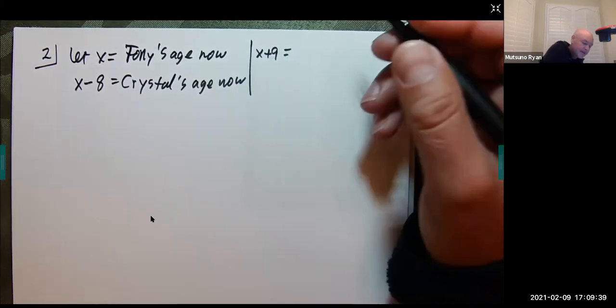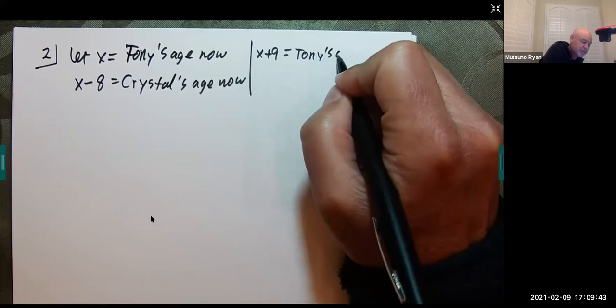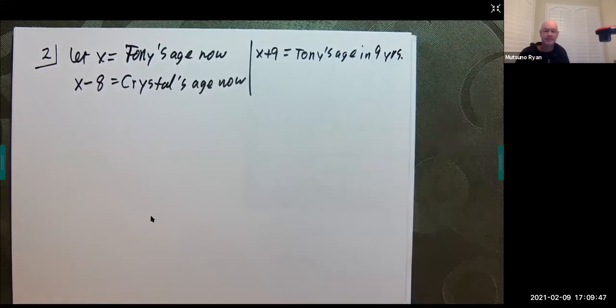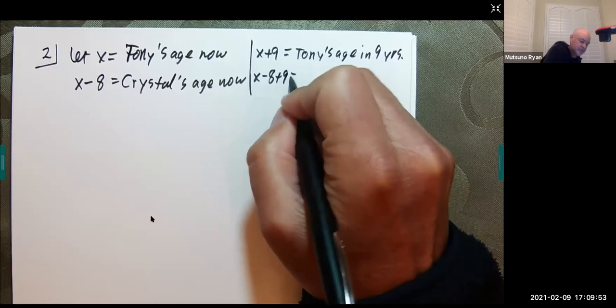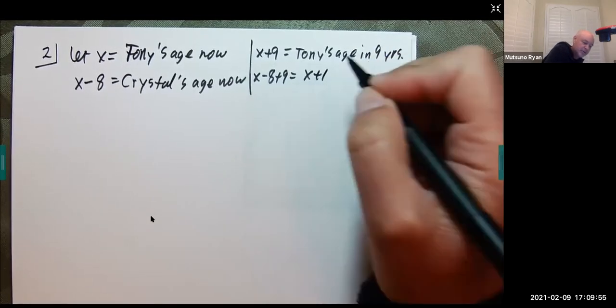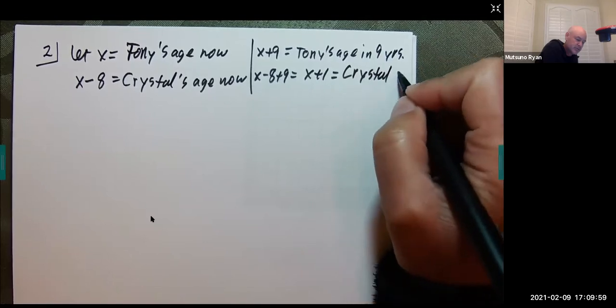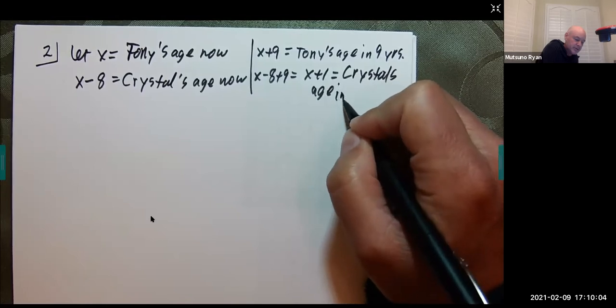Yeah, is Tony's age in 9 years. And x minus 8 plus 9, which is x plus 1, is Crystal's age in 9 years.